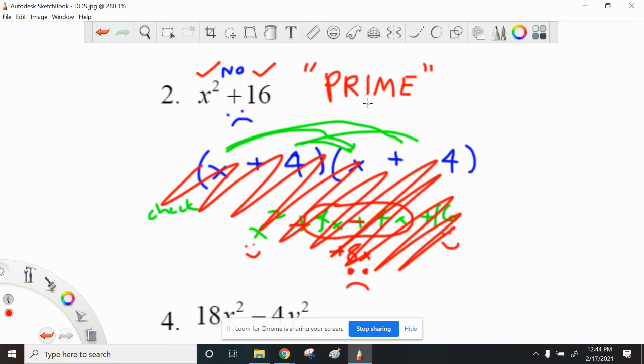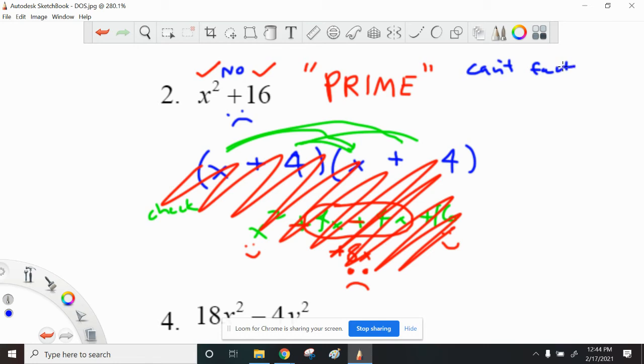And if something cannot be factored, then you call it prime, right? If you have a number like 7 that can't be factored, you say 7 is a prime number. And so this, even though this is a complicated polynomial, this can still be called prime because you can't factor it, okay?